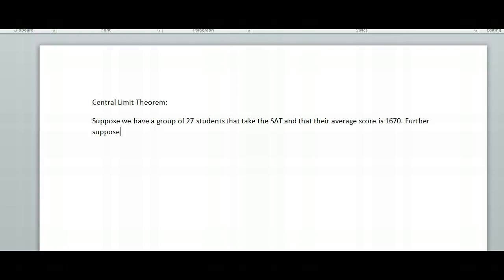Further, suppose the standard deviation of students that take the SAT is around, let's say, something like 233. What is the mean and the standard deviation of the sampling distribution?